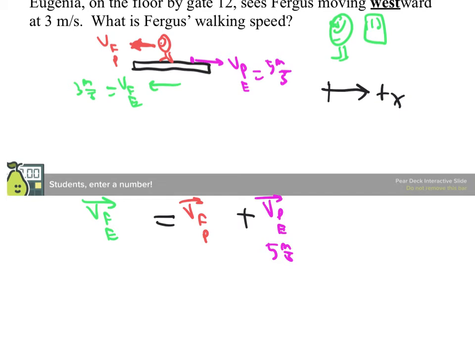So we look up here and translate our guys into this. Down here definitely the 5 meters per second eastward. But over here we're going to have minus the thing I'm looking for eastward.